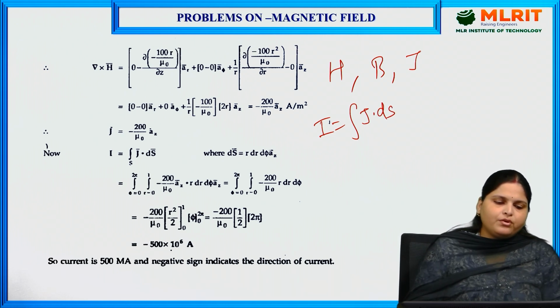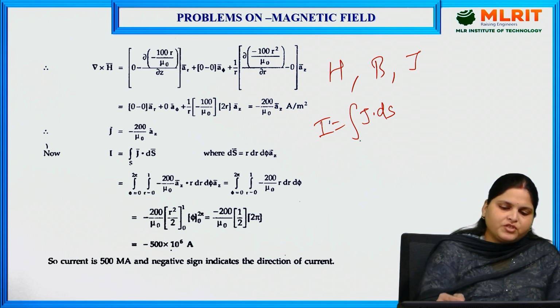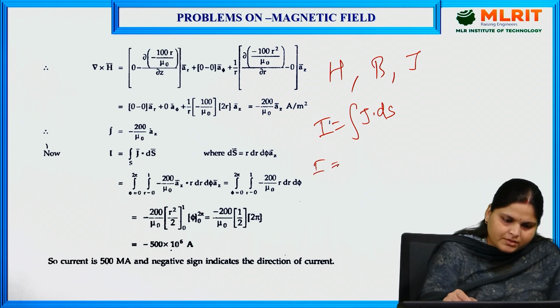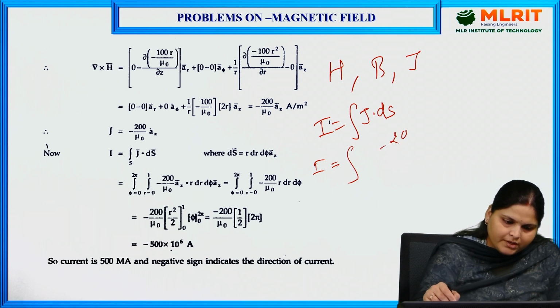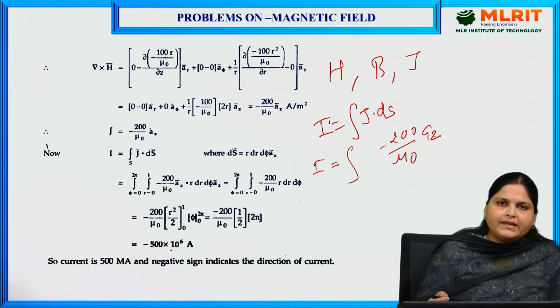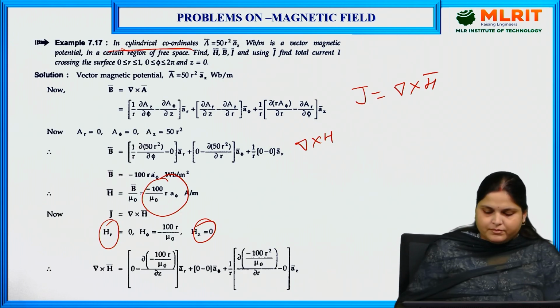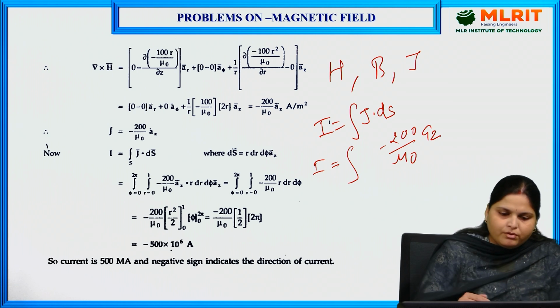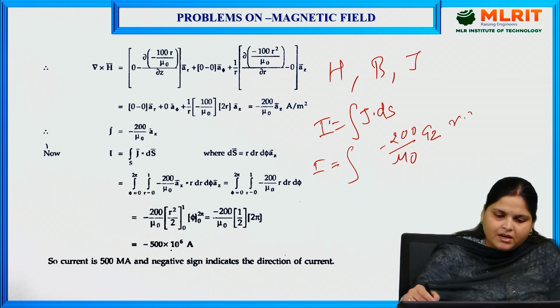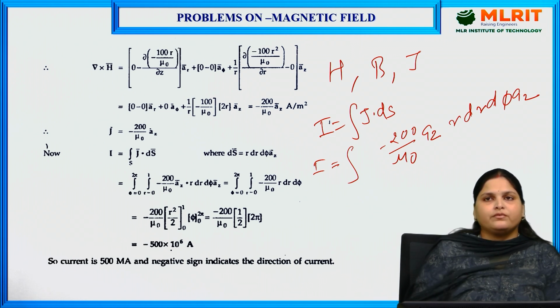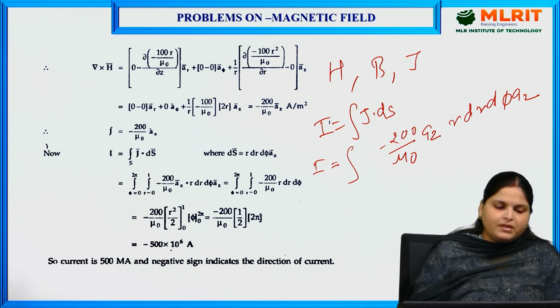So we will put the equation of J here. So this becomes the integration of minus 200 upon mu naught az dot ds, because it is in cylindrical coordinate system. So we have ds as r dr d phi az. It is az constant, surface z constant.